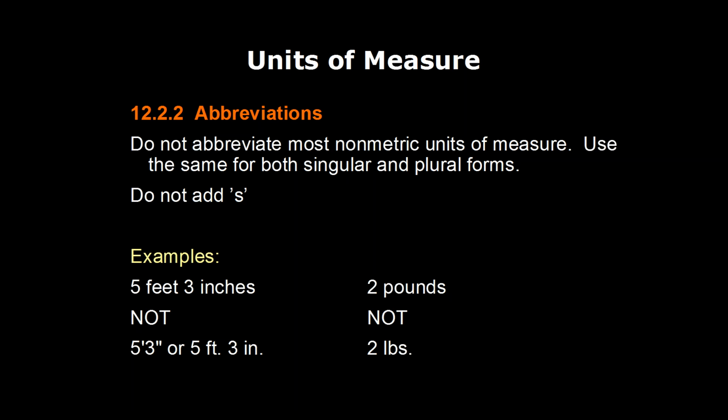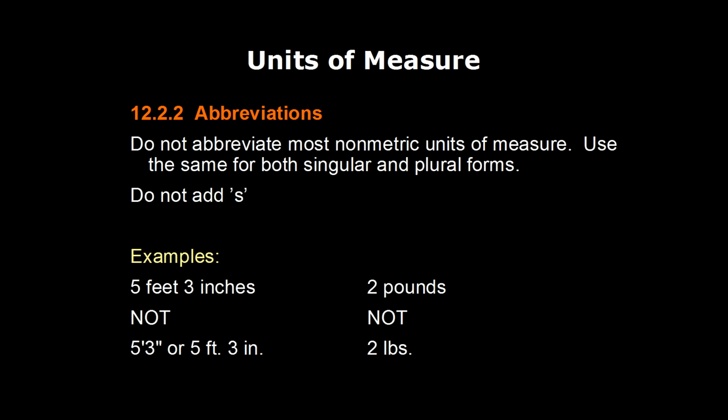Sorry, you read left and then right there, just so I don't confuse you. 5 feet 3 inches is not 5 apostrophe 3 quotation, which we covered just a moment ago, or the 5 feet as in FT period 3 IN to represent inches period. So that's how often we've been accustomed to indicating it, but not so much in the Book of Style. According to the Book of Style, I should say, it says do not abbreviate non-metric units of measure. So the same goes for pounds.